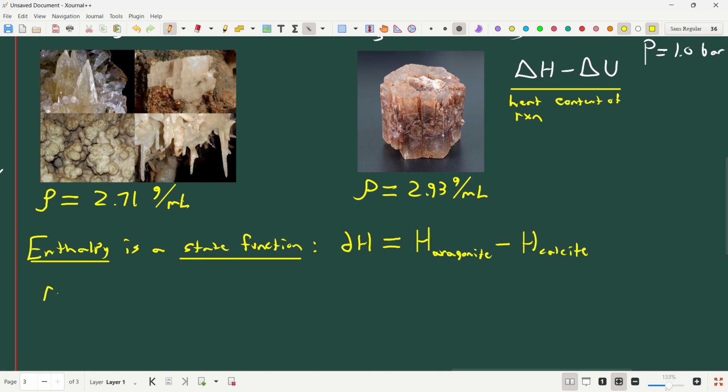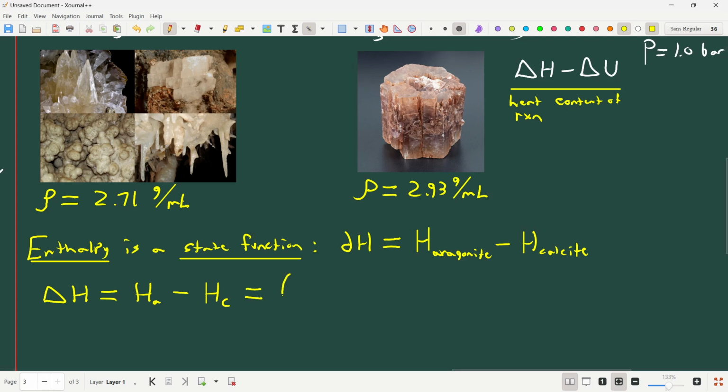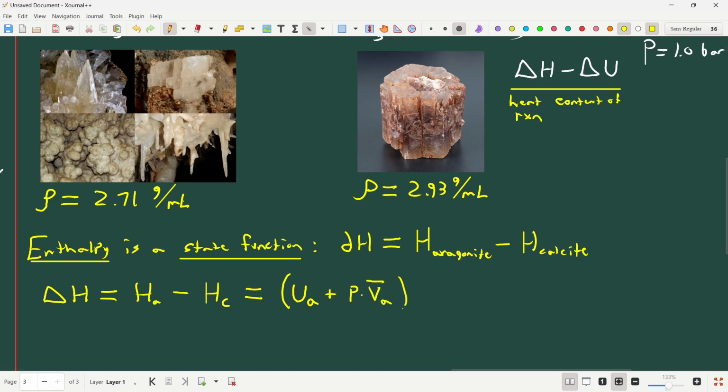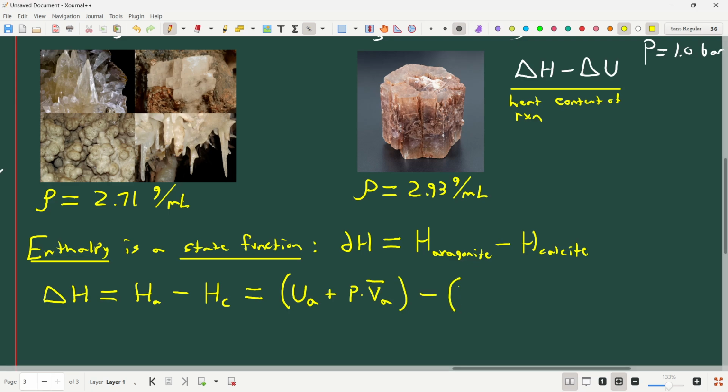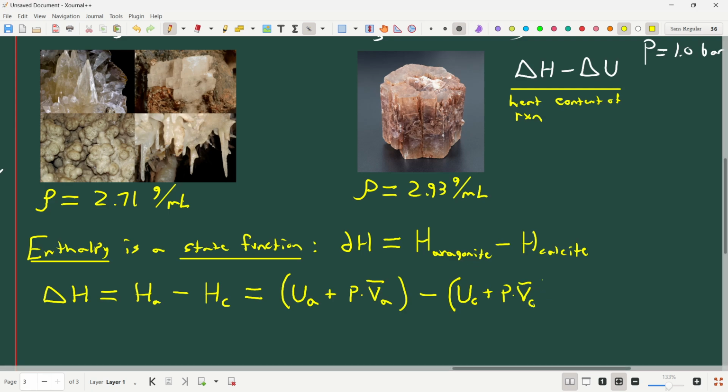All right, so delta H, we're going to do a delta H because we're doing a big change. That's going to be the H of the aragonite, I'll write that HA, minus HC, calcite. And that's going to be the total energy of the aragonite plus the pressure times the molar volume of the aragonite, minus the total energy of the calcite plus the pressure of the system of the sample times the molar volume of the calcite.